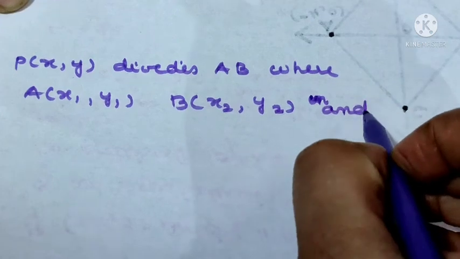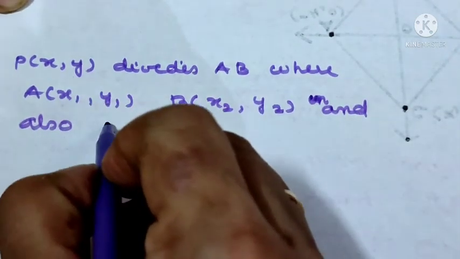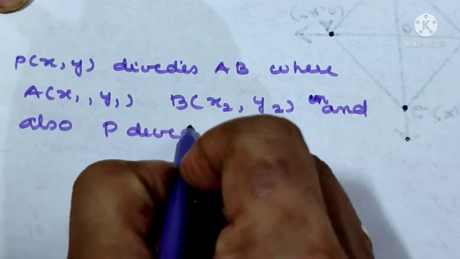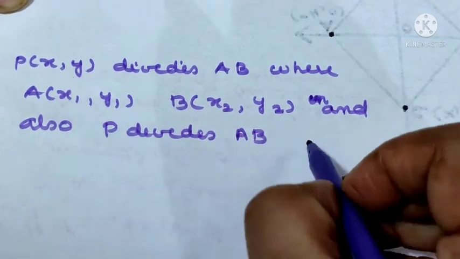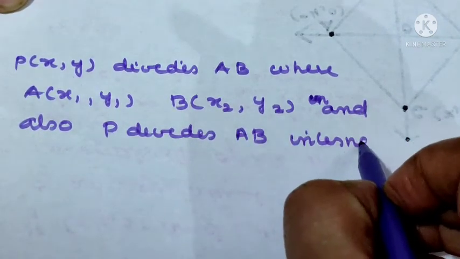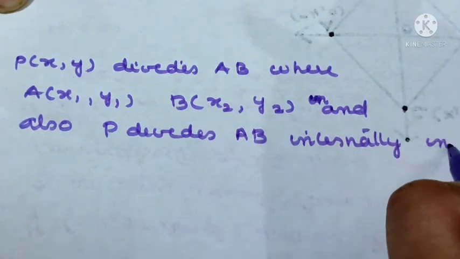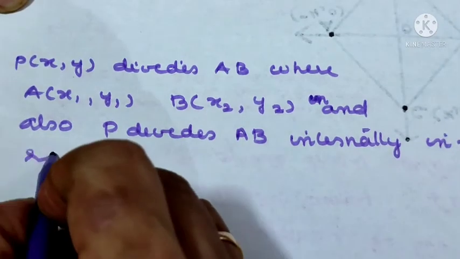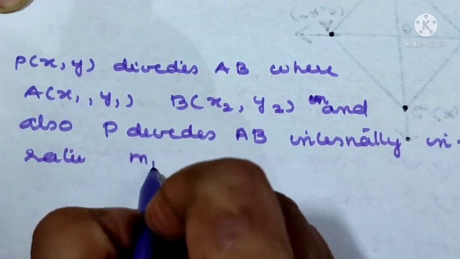And also, P divides AB internally in the ratio m1 is to m2.